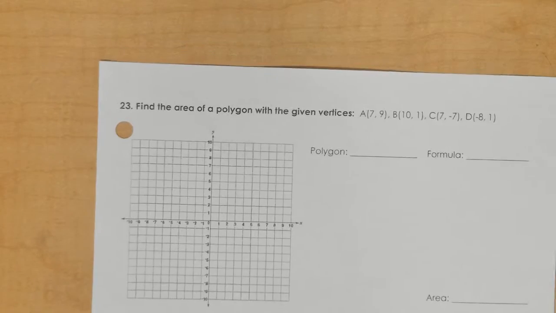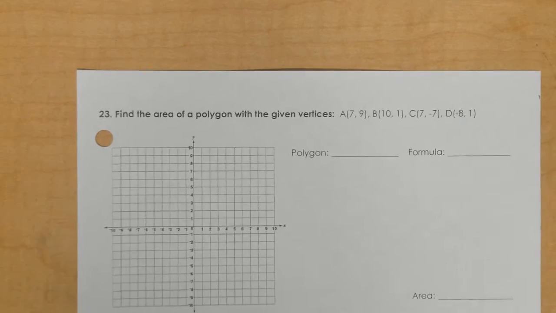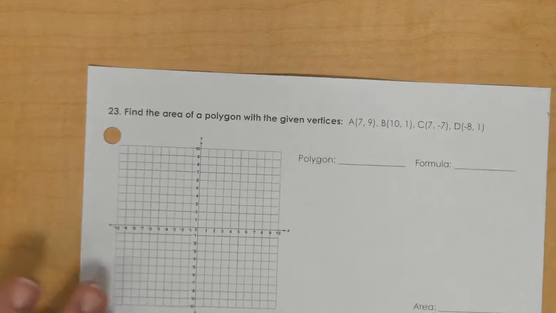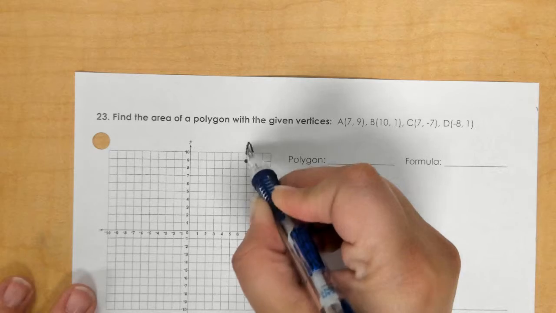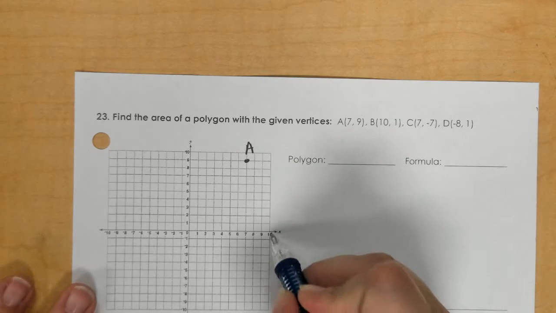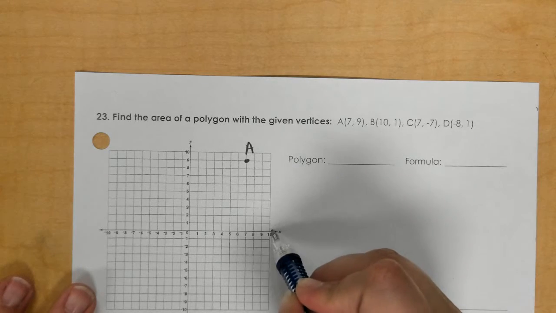For the last two, we're just going to graph those. So we've got 7, 9. It does say we should label, well, it doesn't actually say to label, but you should always label.